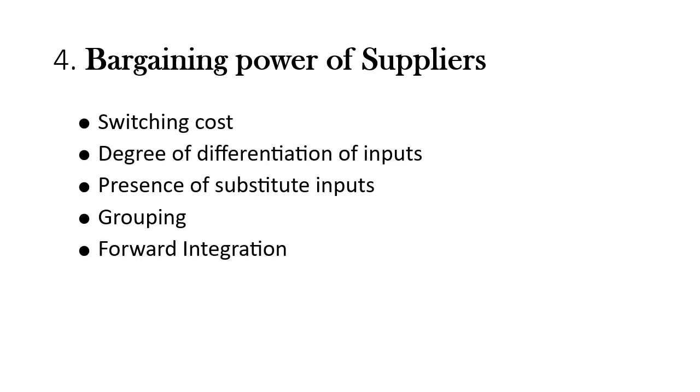Forward integration is written here. Forward integration means that if we have the potential, we can start our own supply unit, or buy a small supplier, so that we do not depend on the supplier of our raw materials. So that is the bargaining power of supplier. It can be high or low.